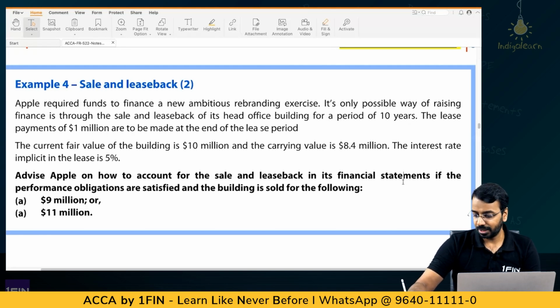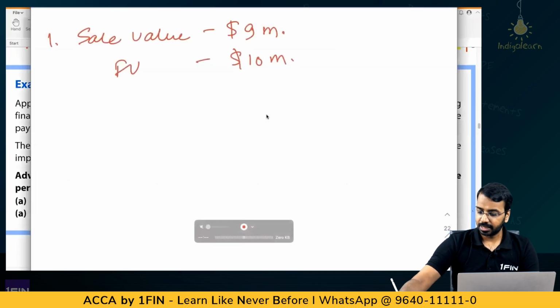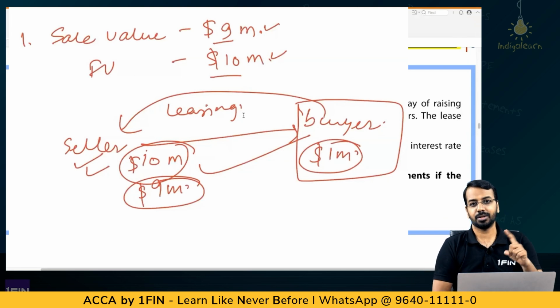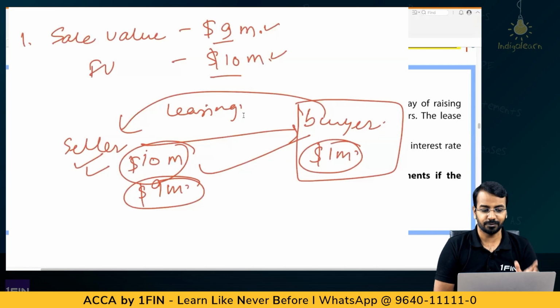Sale value is $9 million. Fair value is $10 million. Now, the sale performance obligation as per IFRS 15 has been satisfied, hence the sale can be recognized.